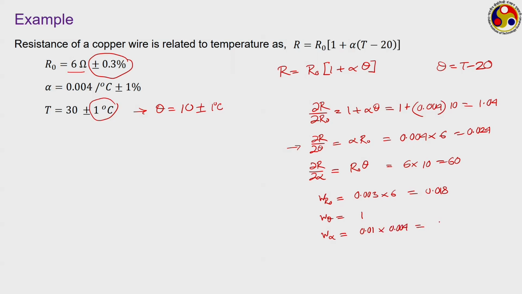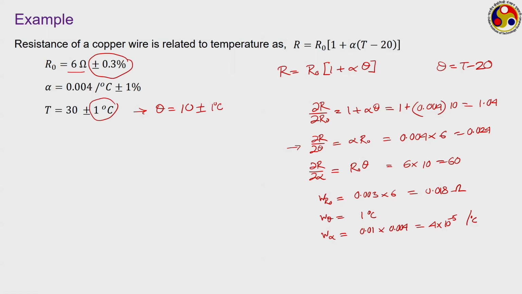So it comes to be 4 into 10 to the power minus 5. It is an extremely small value, and we should write the units also. So this will be in ohm, this will be in degree Celsius, and this will be in per degree Celsius. Now, how much should be the contribution from each of them?